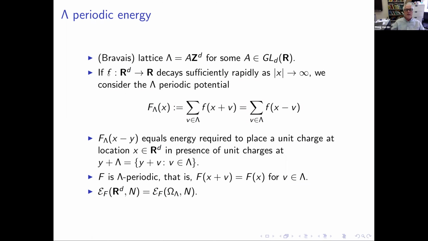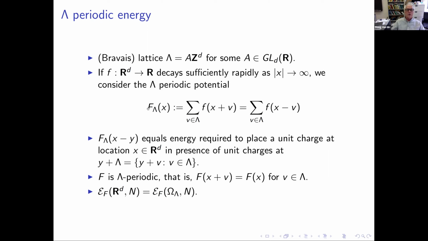Now, if our potential f decays sufficiently rapidly, and I'm going to be a little loose on what that means, but we'll have several cases where that works, then we'll form the lambda periodic potential generated by f.